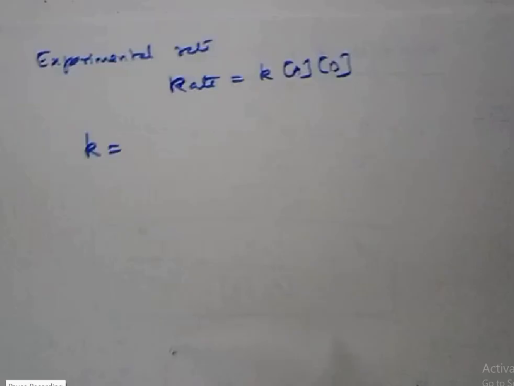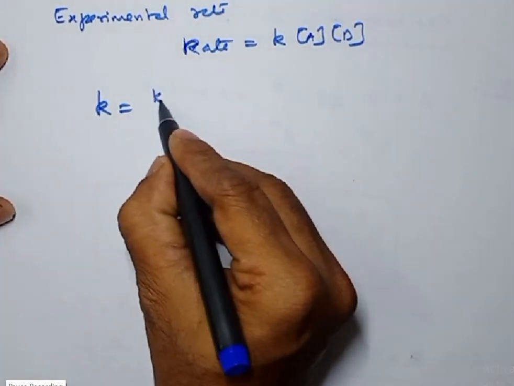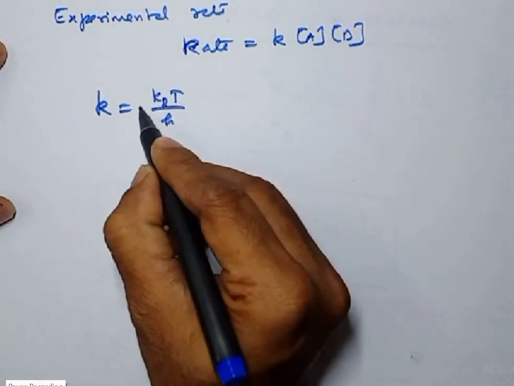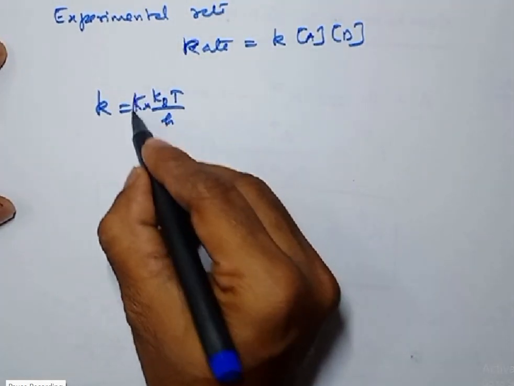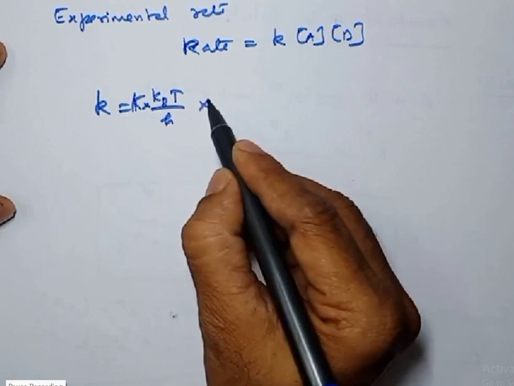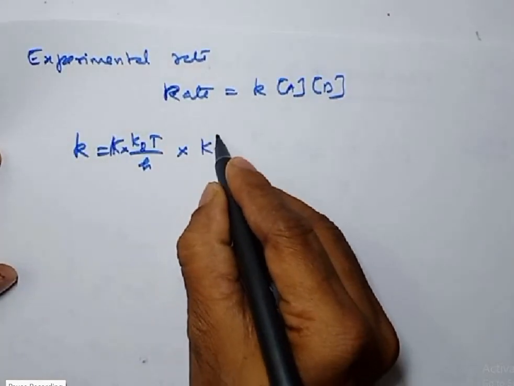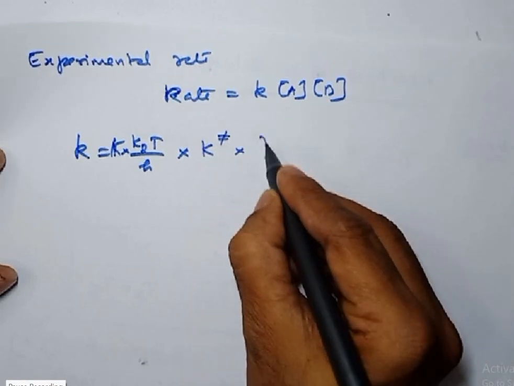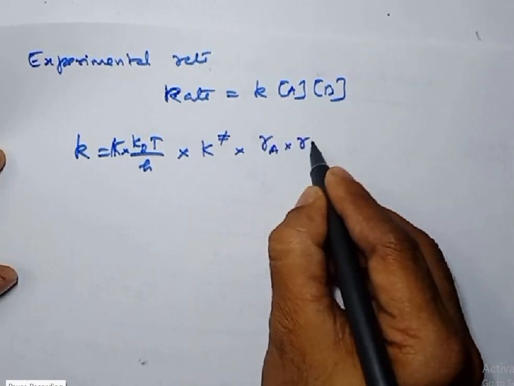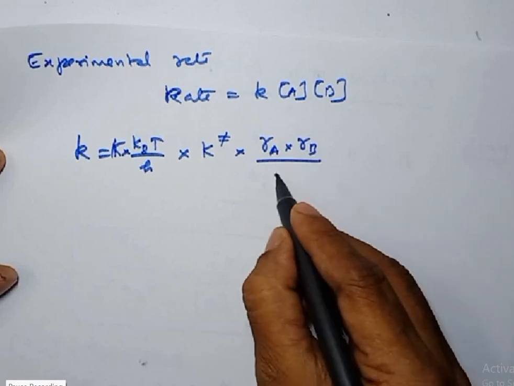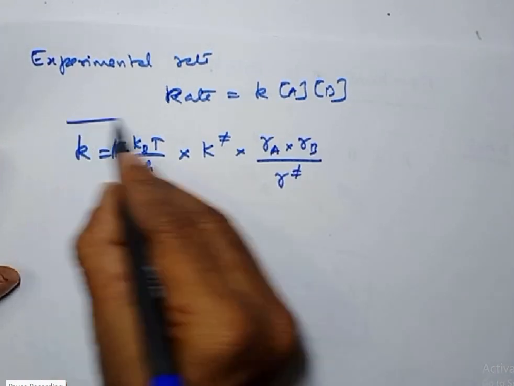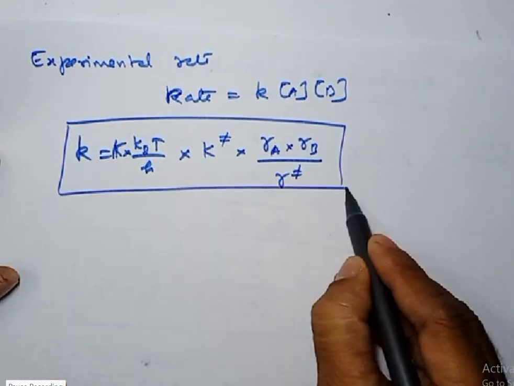So what we get is K is equal to kappa into KBT by H, into each and every term: K double dagger into activity coefficient of A, activity coefficient of B, by activity coefficient of the activated complex.